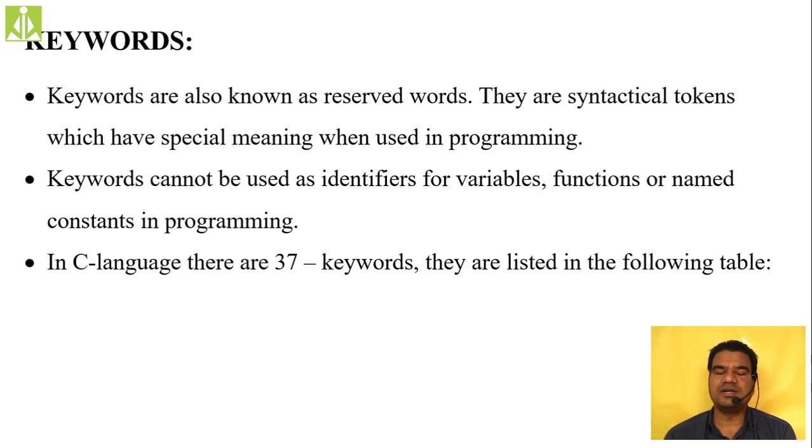Okay, so when we use keywords, they are going to have some specific meaning inside your programming code. So very carefully you have to frame these identifiers, and you can't use any keyword as your identifier. Simply what will happen, as it is having some special meaning, it will raise the error in your program code.